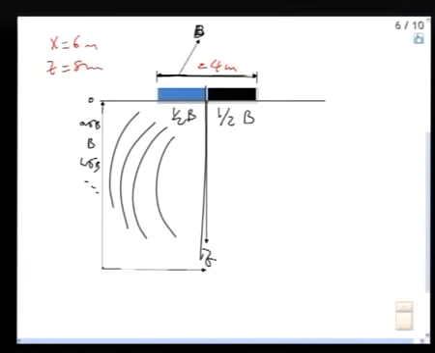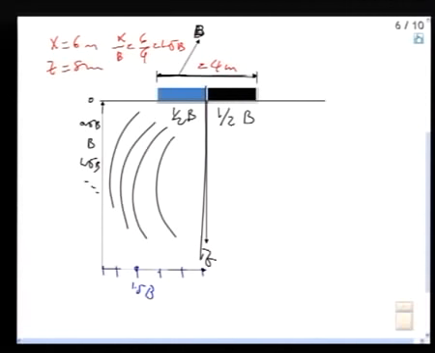X equals 6 meters. So I say X over B equals 6 over 4, which is 1.5 B. So I take this distance, because this is also 0, half B, B, B and a half, 2B, 2.5 B. So I'll go to 1.5 B. This is the point.